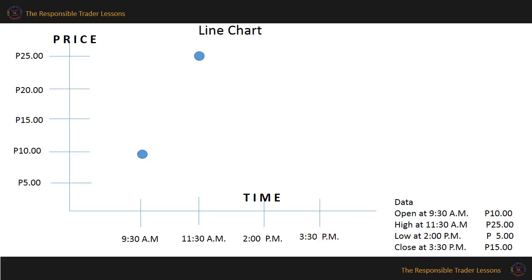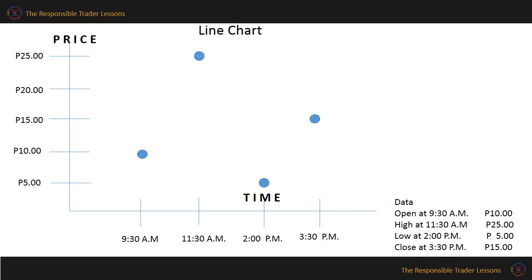We have 25 pesos at 11:30 in the morning when the stock reached its highest price for the day. We have 5 pesos at 2 p.m. when the stock reached its lowest price for the day.